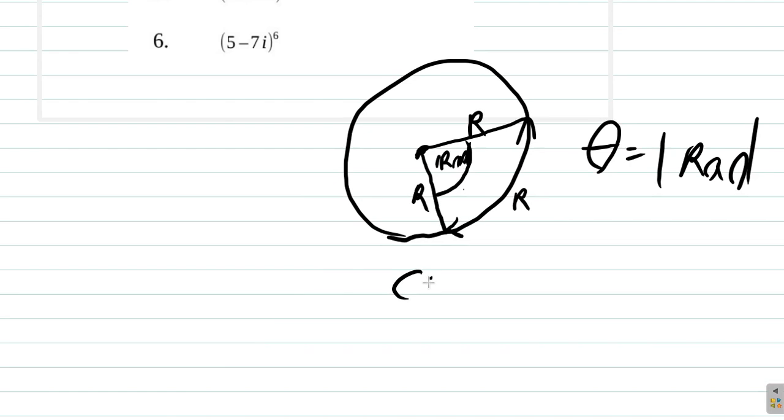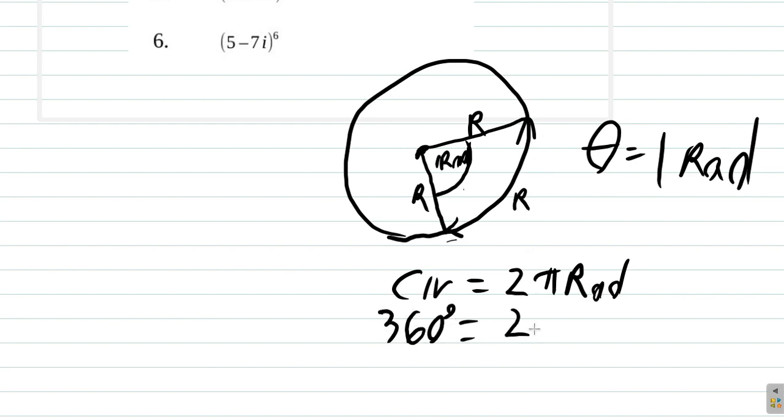Remember that circumference is equal to pi d, which is the same as 2 pi r. So since 1 r is a radian, 1 complete revolution is 360 degrees, so 360 degrees is equal to 2 pi radians.